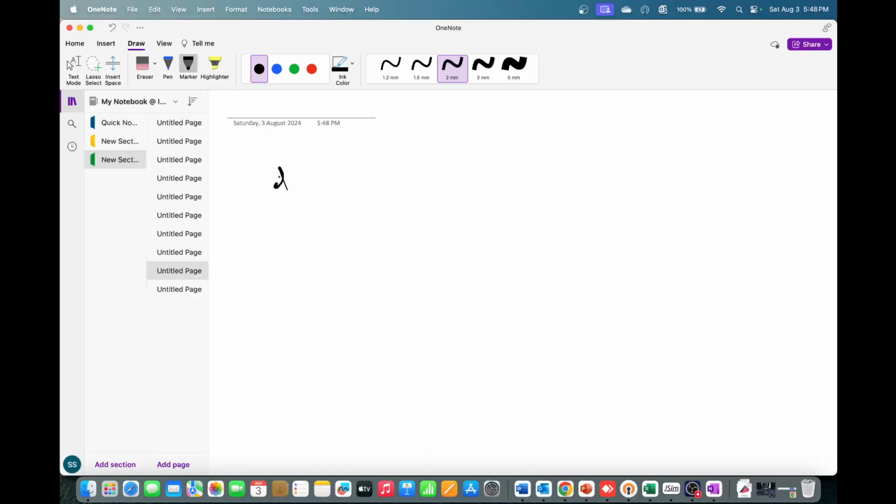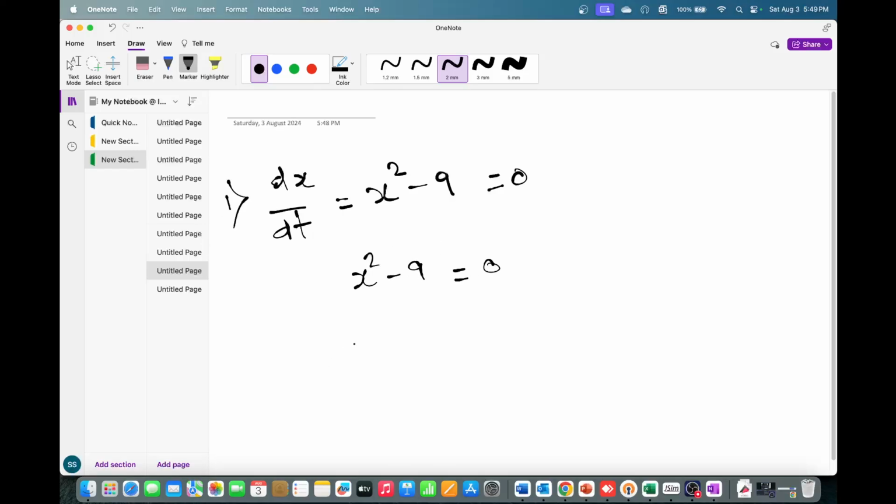dx/dt is given by x squared minus 9, right? Now at steady state, this is equal to 0. So x squared minus 9 equals 0. So there are two values of x satisfying this, plus minus 3.